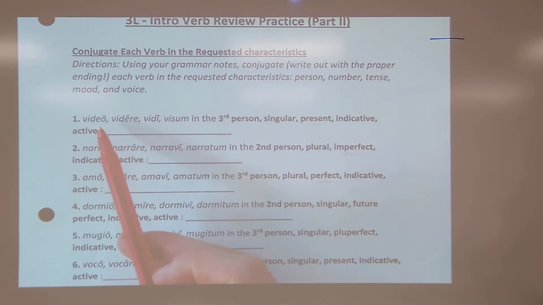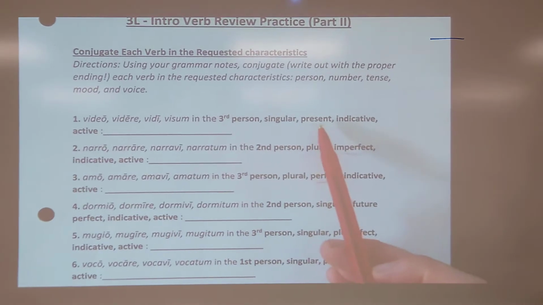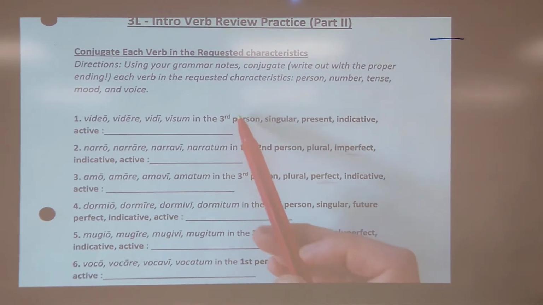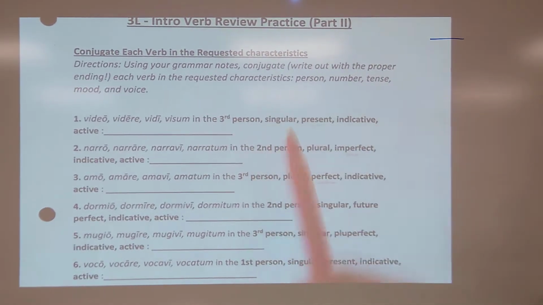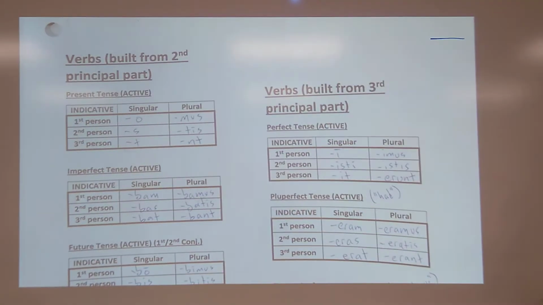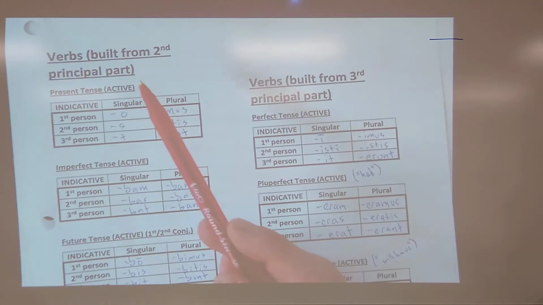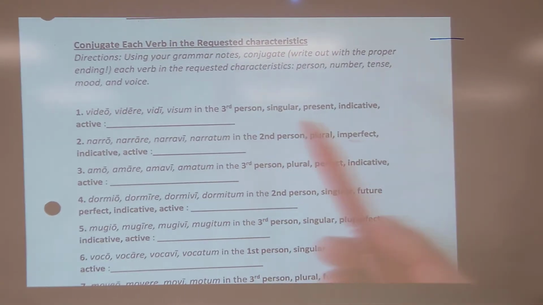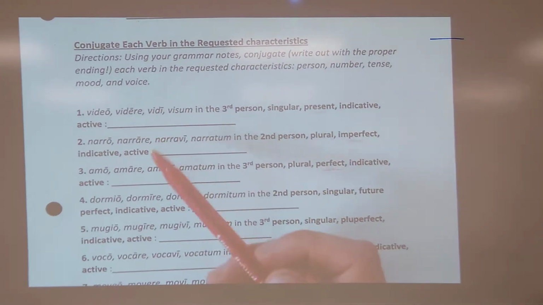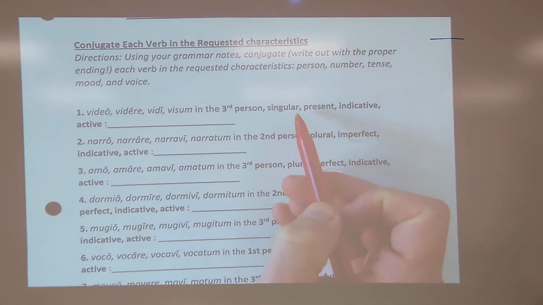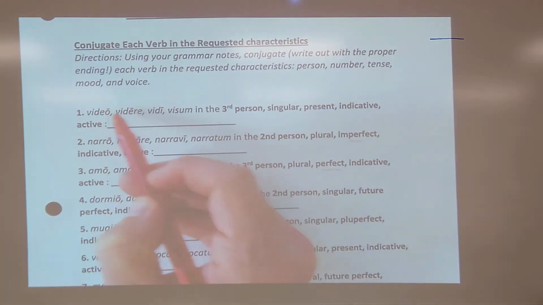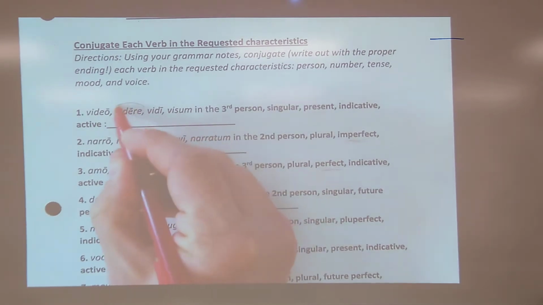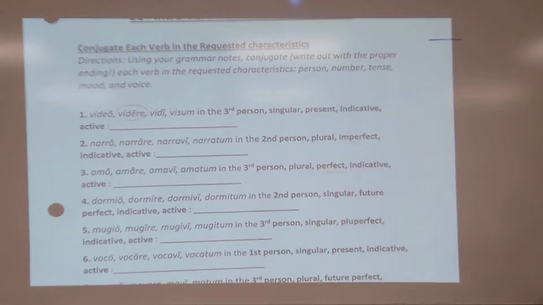So we have our verb video, videre. We want it present tense, third person singular. By the way, everything on our chart here is indicative and active. As we saw on our sheet, present tense uses the second principal part. We'll circle it to let us know that's the one we're looking at.